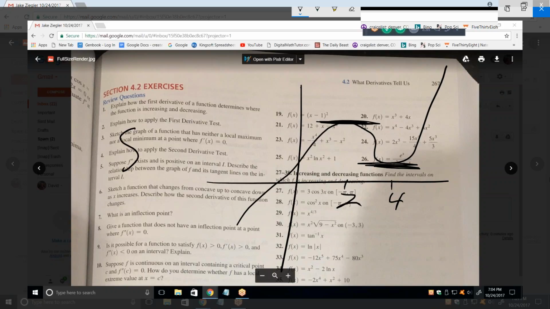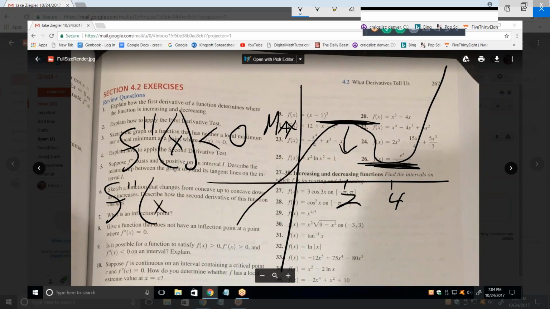If second derivative is less than 0, it's concave down. That's concave down. That means it's a maximum. If the second derivative is greater than 0, it is concave up. That fits, right? Concave down goes with negative, concave up goes with positive.